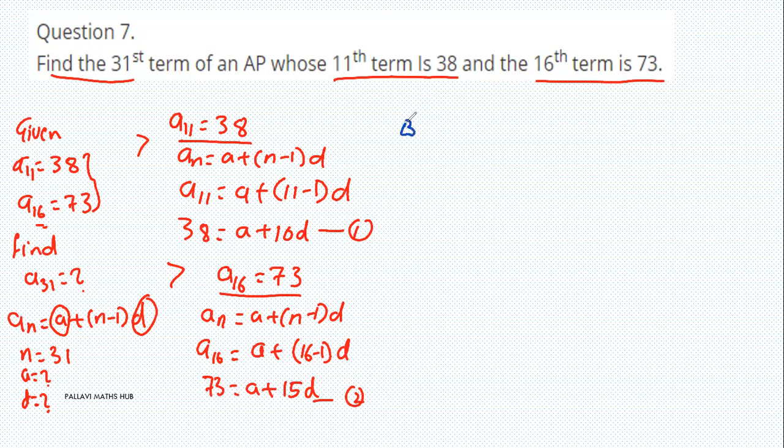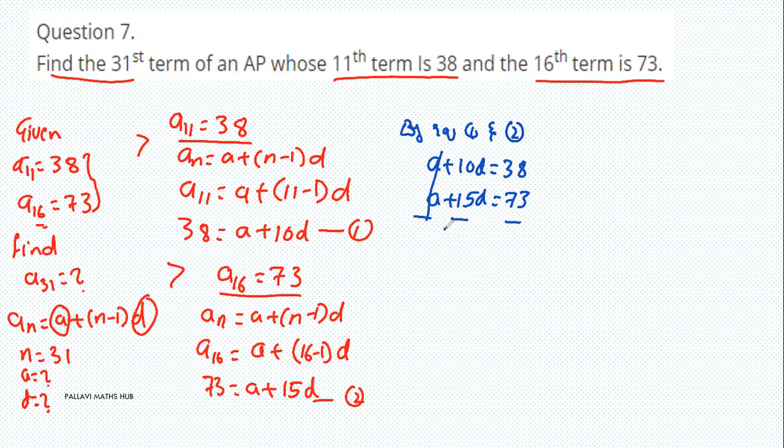By equation 1 and 2, equation 1 is A plus 10D is equal to 38. And the second equation is A plus 15D is equal to 73. Now subtract: A minus A gets cancelled.